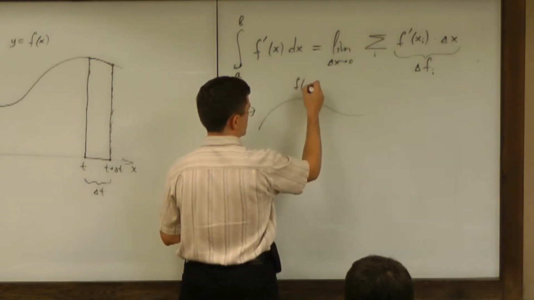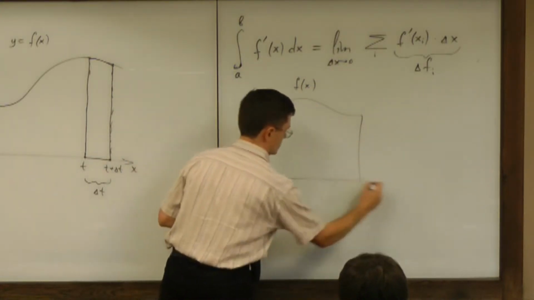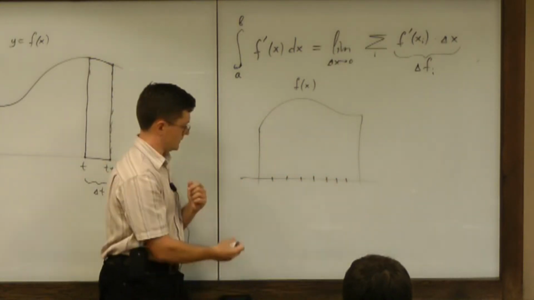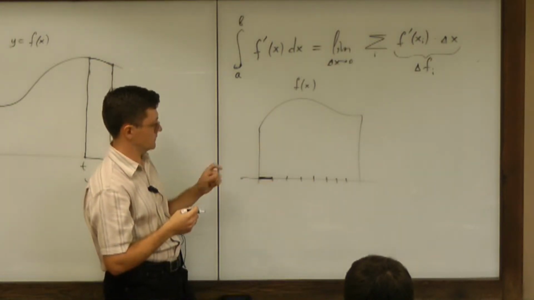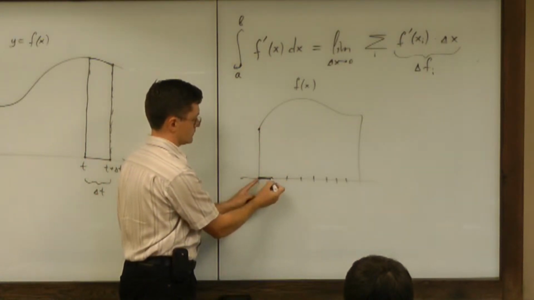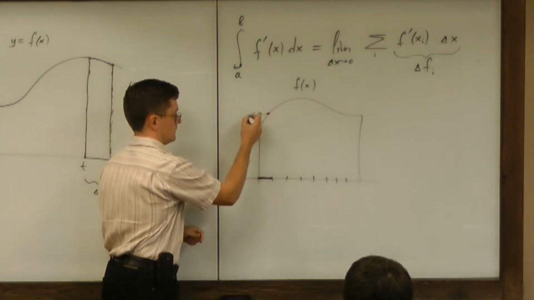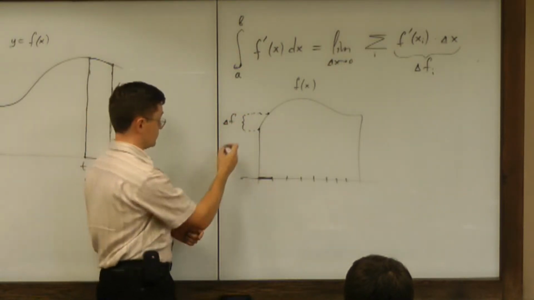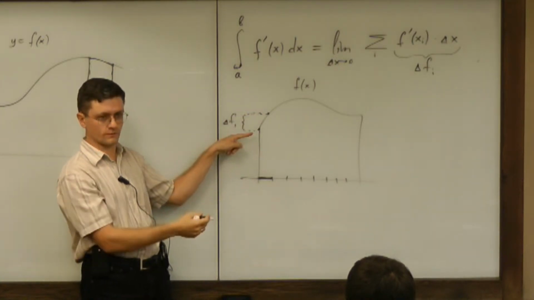Now I'm sketching the function f, looking at the long interval subdivided into pieces, and I look at the first piece. Where is my delta f? Delta f is the change of the value of f as we go from left to right. So this is delta f1 on the first interval. It's how much the value changed over the first interval.